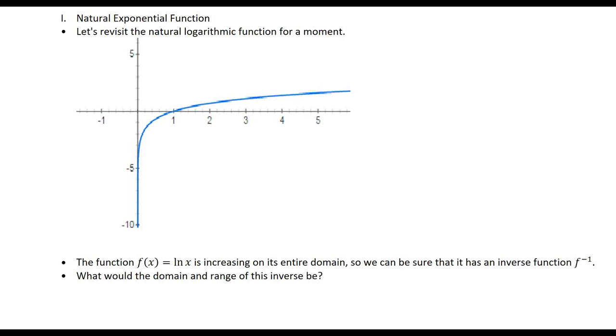So we're going to revisit that natural logarithmic function for a moment before we define natural exponential functions. Recall that f of x equals the natural log of x. If you look at this graph, you can see that it's 1 to 1, it's monotonic, all of those things, so it's going to have an inverse.